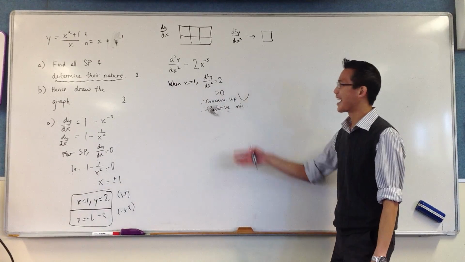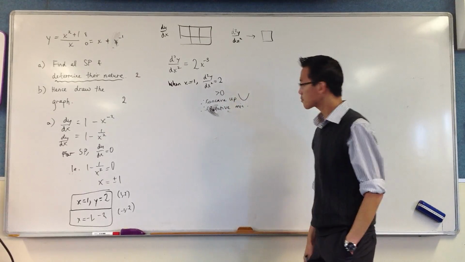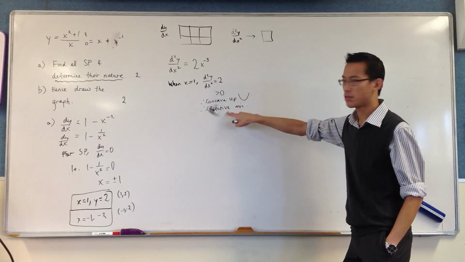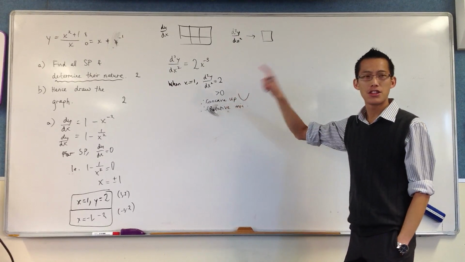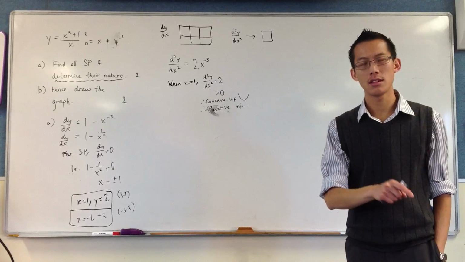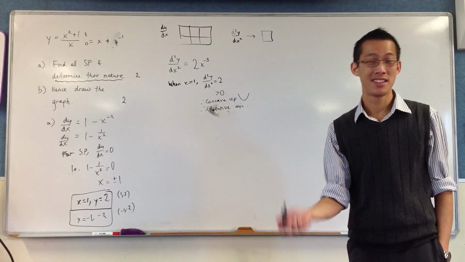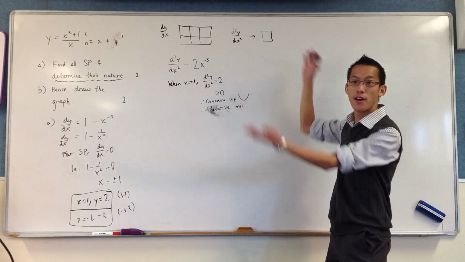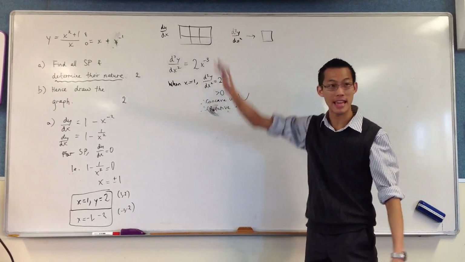Anyway, okay, there's one. Now, do you have to say it's concave up? Can you go straight from here to here? The short answer is, yes you can. Does that mean you should do it? I don't think so. Here's why. Remember, this is our first time assessing your ability to understand all of this.